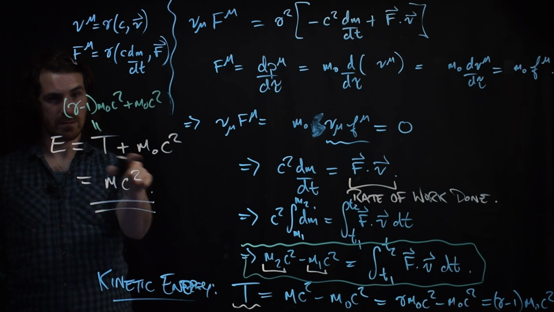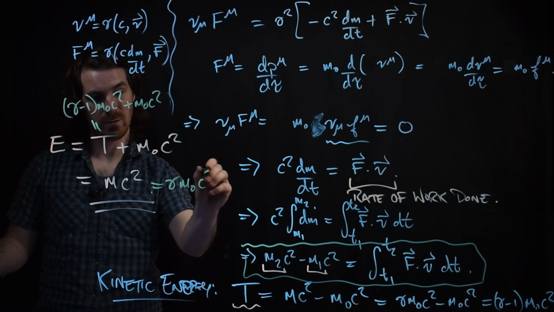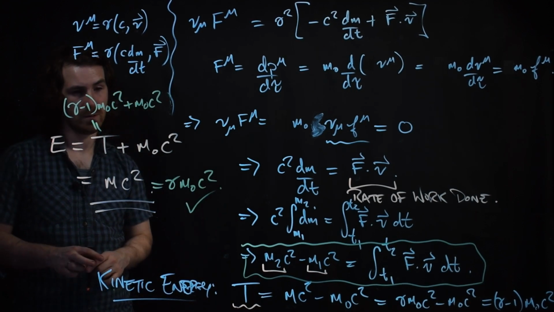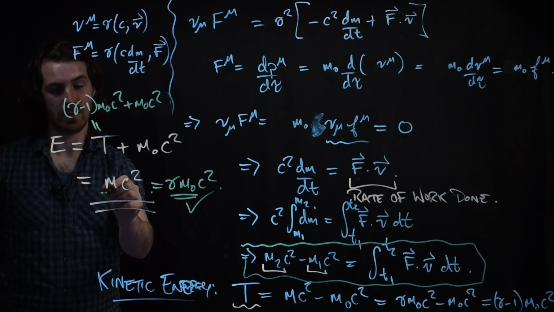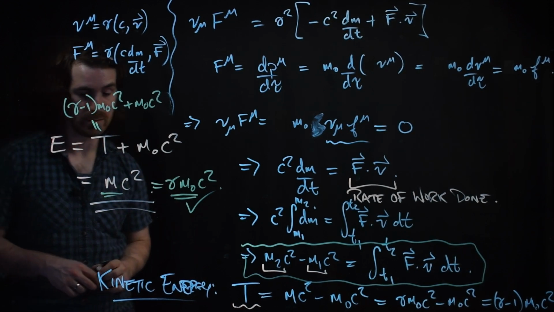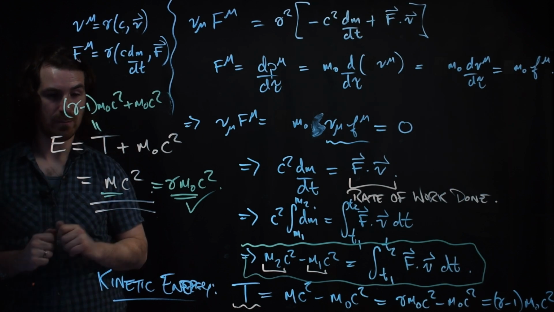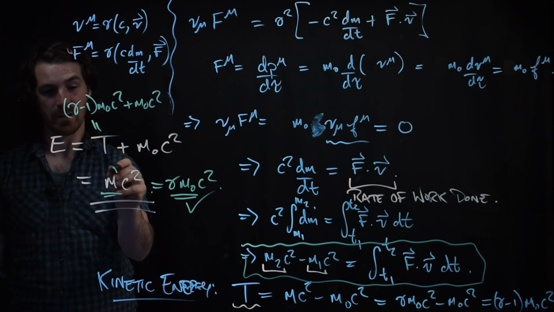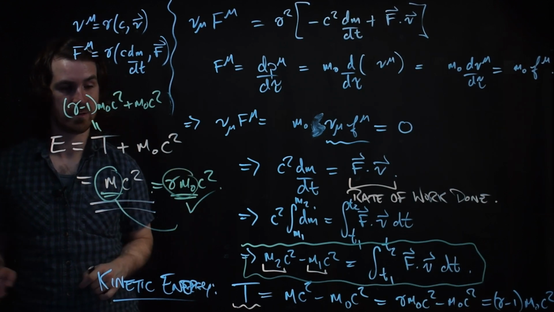So this mc squared is equal to gamma m0 c squared. The rest mass m0 times gamma is the relativistic mass m. Each particle has an energy E equal to mc squared, where this m is the relativistic mass given by gamma times the rest mass.